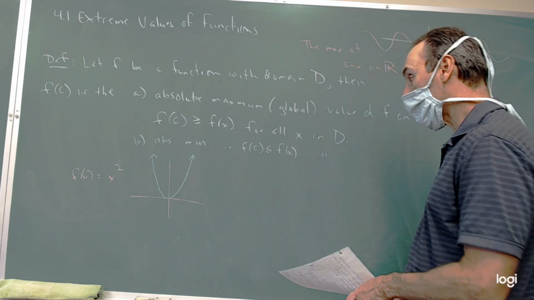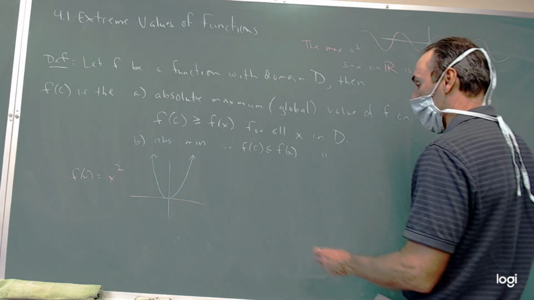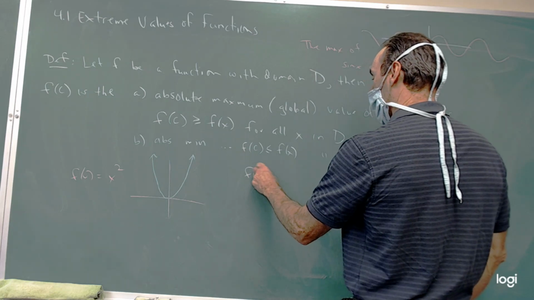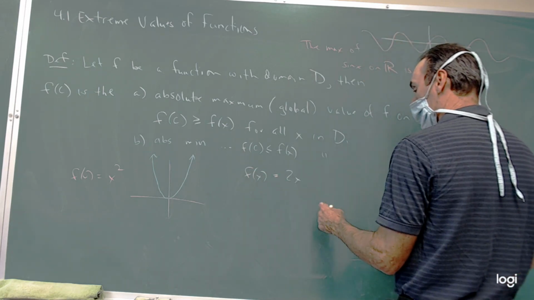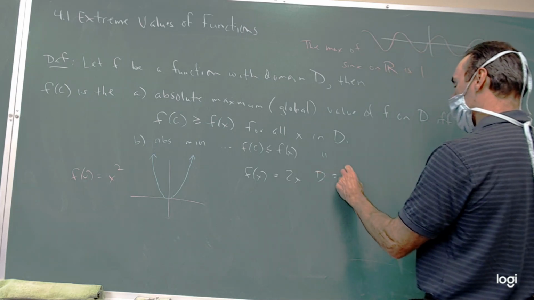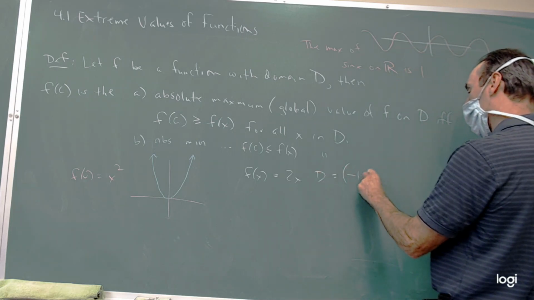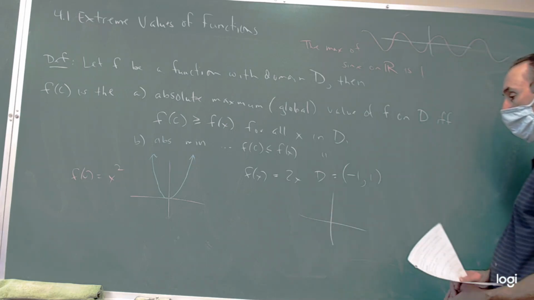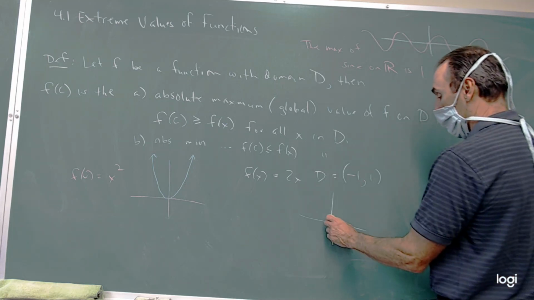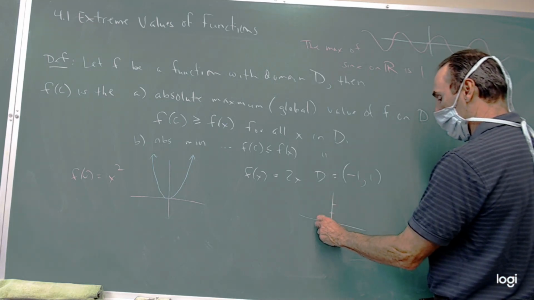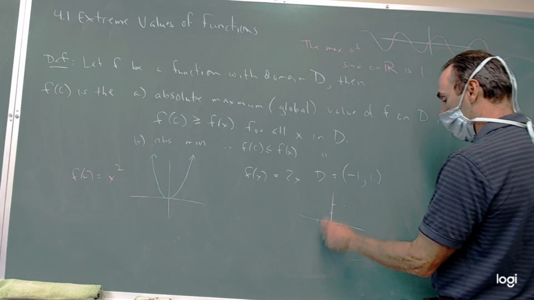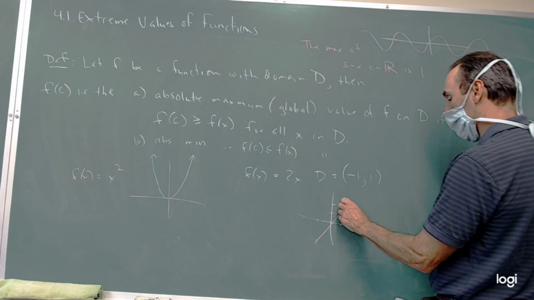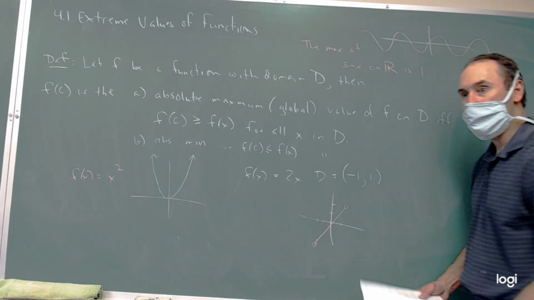Okay, but that could also be based on the domain. So if we had f of x is equal to 2x, but we said the domain is the open interval from, say, -1 to 1, then we would get our straight line, y-intercept the origin, slope 2, except that because we don't include the endpoints, we would get something that looks like this.